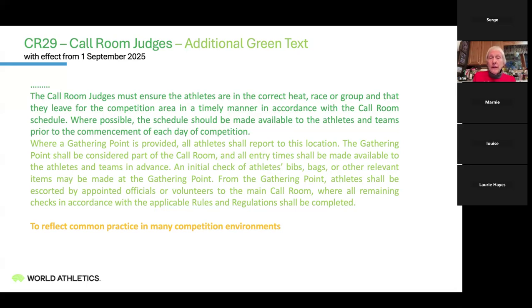At the gathering point, because this is part of the call room schedule. You report there at whatever time, then you're transported to the final call room, and then you're transported to the field of play. So it's all part of the call room schedule now.